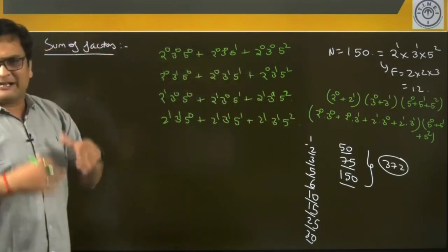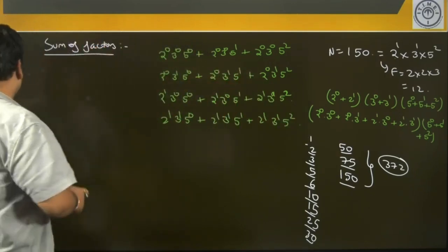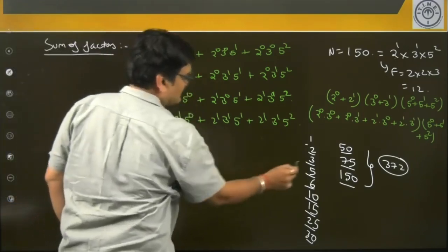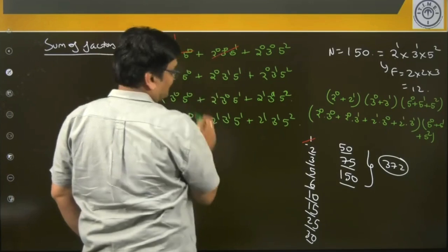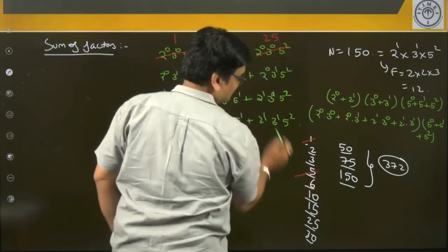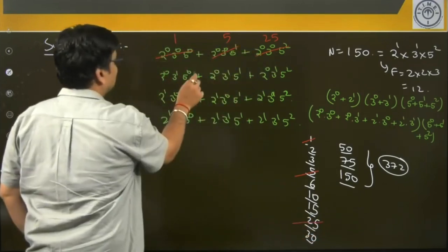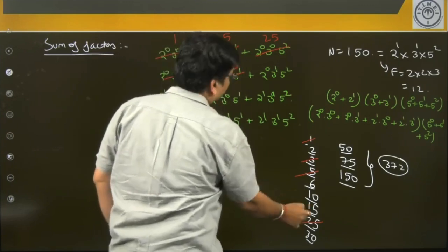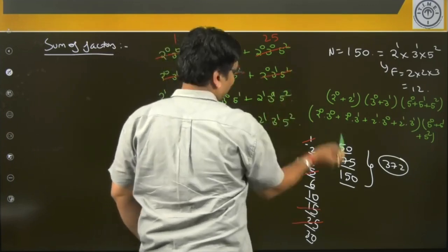So when I open up all the brackets, this is what I get. And please note, what are these equal to respectively? What is this? This is 1. What is this? This is 5, right? What is this? This is 25. What is this? This is 3. What is this? This is 15. What is this? This is 75.